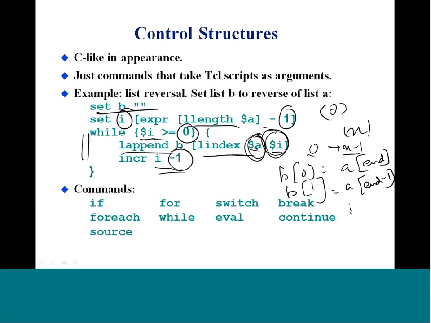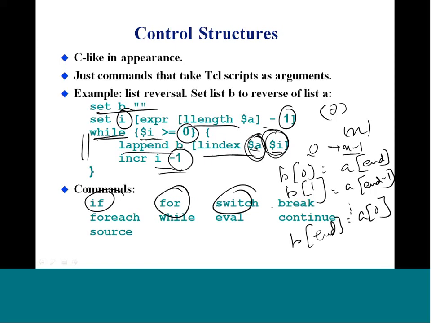So you can see that it becomes a reverse, and finally the end will be A0, and that's when the program terminates. So it's a good program to do the reversal of a list, and you can see there is a control structure here, which is the while.